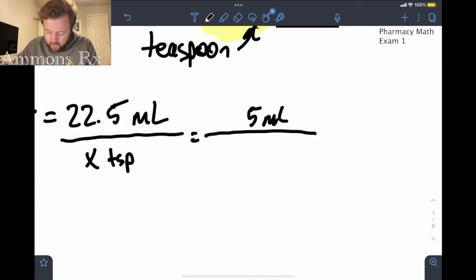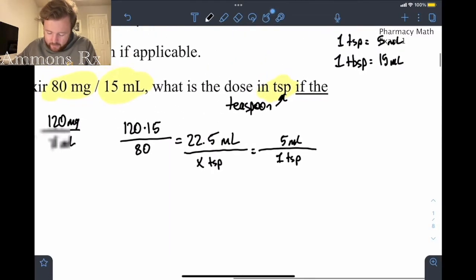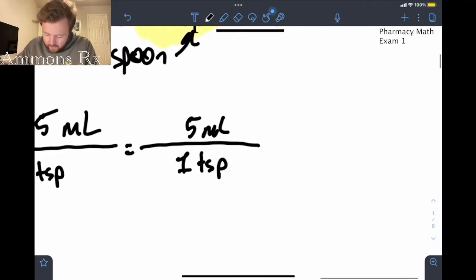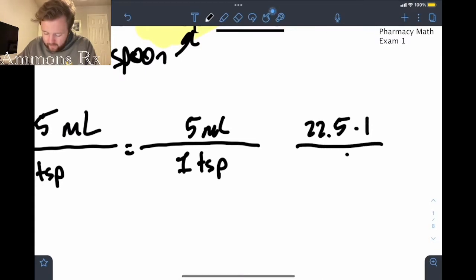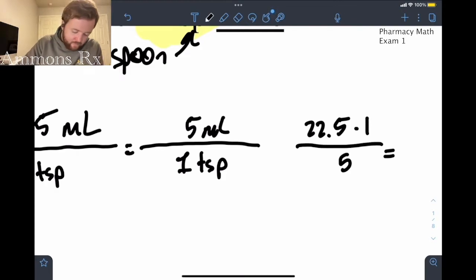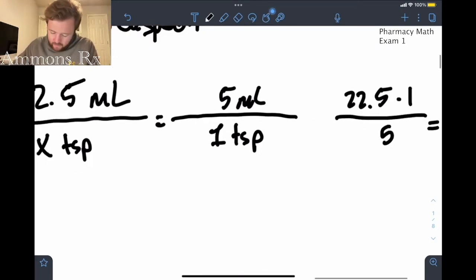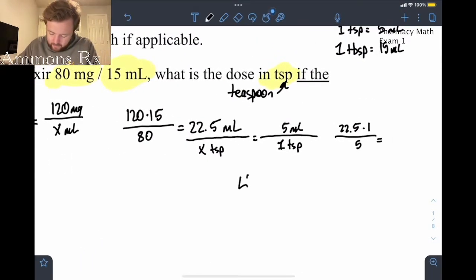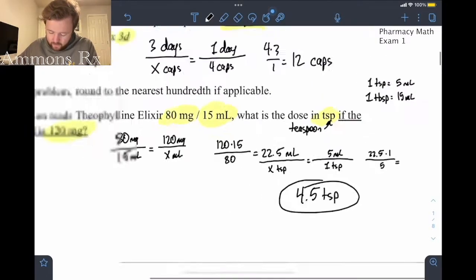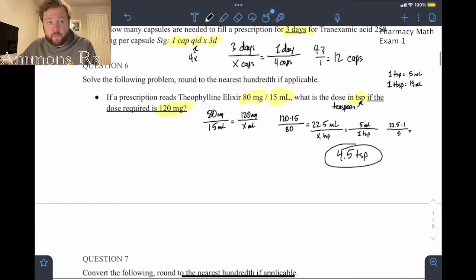There are 5 mils in 1 teaspoon. So it turns into 22.5 times 1 divided by 5. And that is our final answer, 4.5 teaspoons. Okay, there we go.